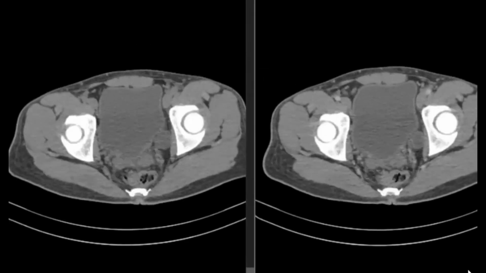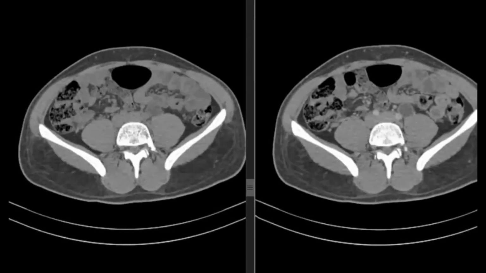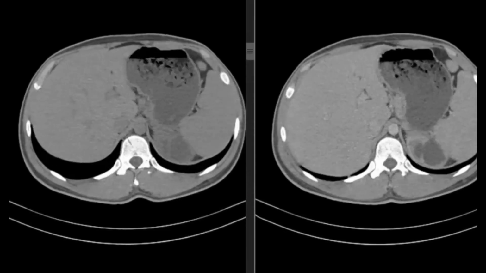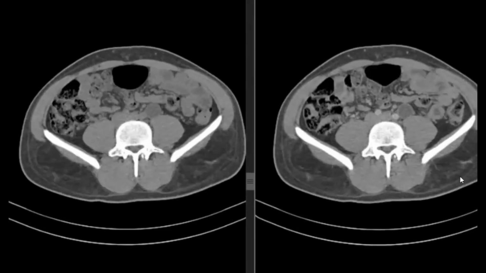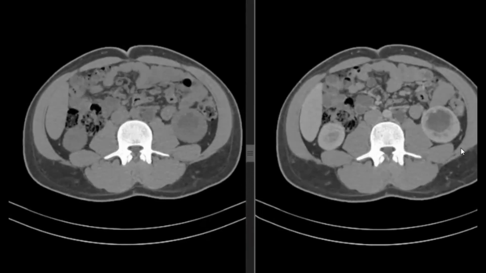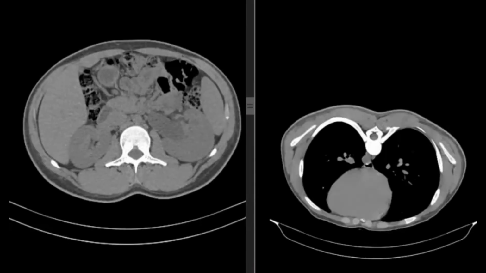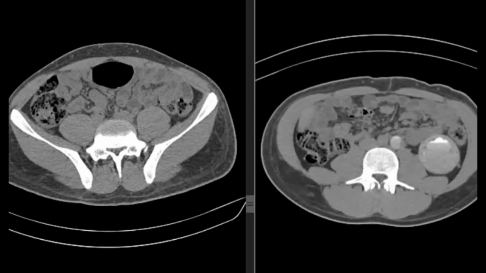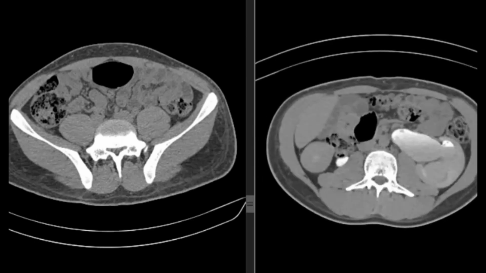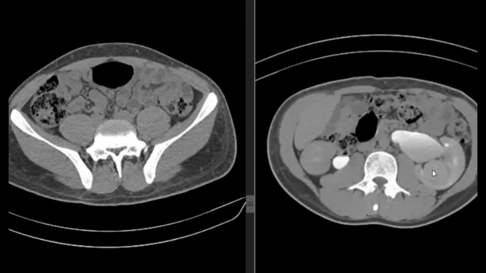Severe hydroureter. I cannot see any dense stone or any obstructive lesion. I want to see the delay image to better delineate the urinary tract. By the way, this is more than half an hour of delayed images. And keep in mind, contrast is above the urine because it's prone. This is a flipped image.